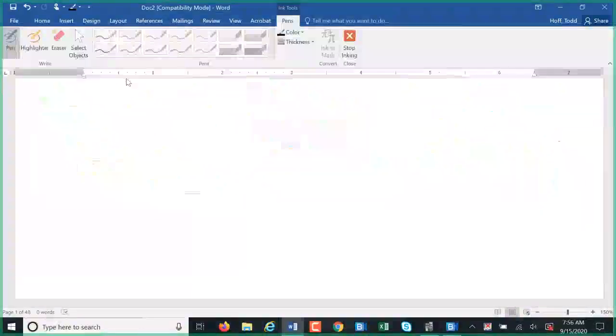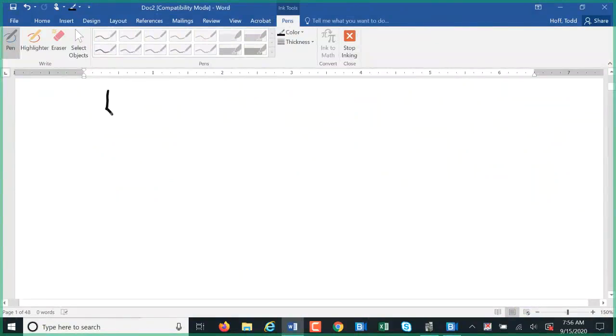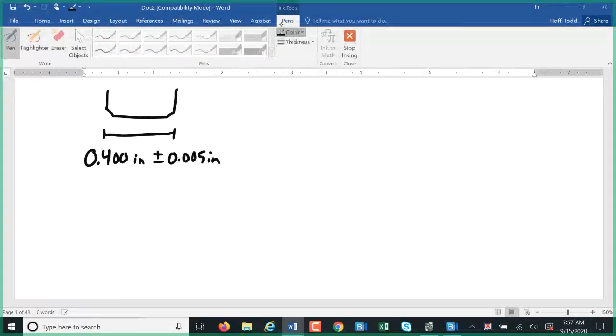Well, along with that discussion of errors comes this discussion from blueprint reading or whatever task you're looking at. What does that label there mean?